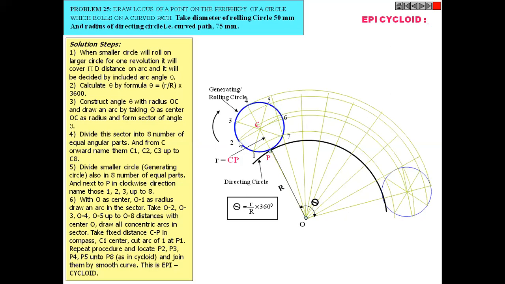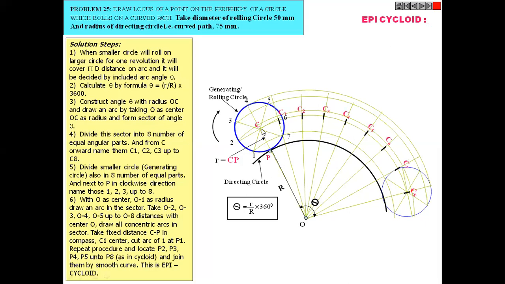Similarly for point 2, draw another arc, then points 3, 4, 5, 6, and so on. This is the center line, and this radius vector will intersect at different points. These points will indicate the 8 different center positions.